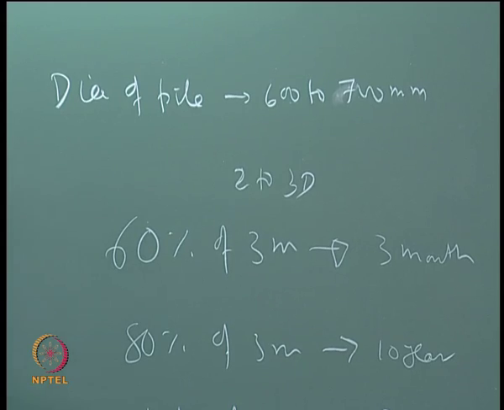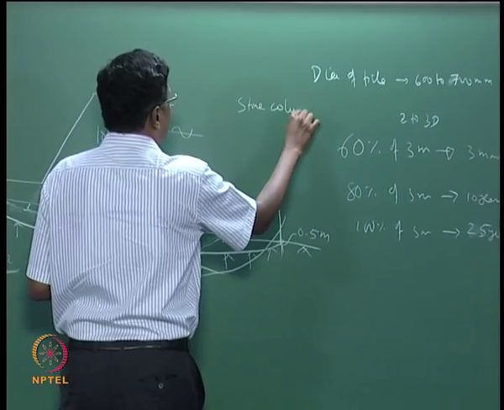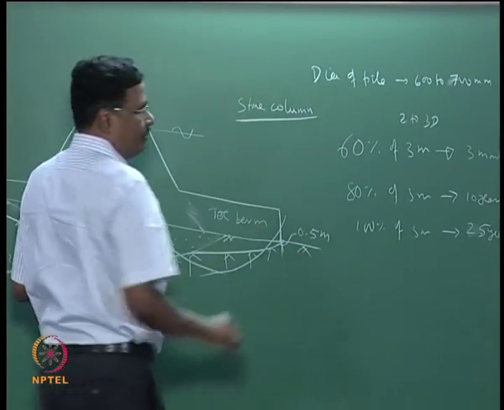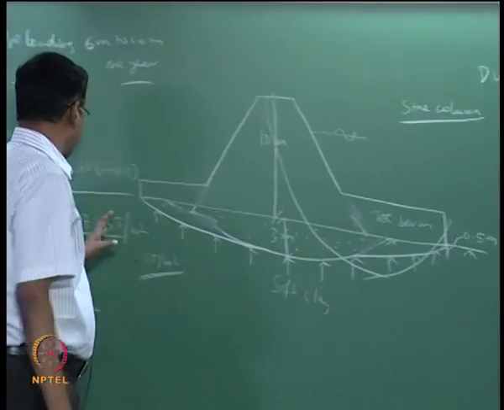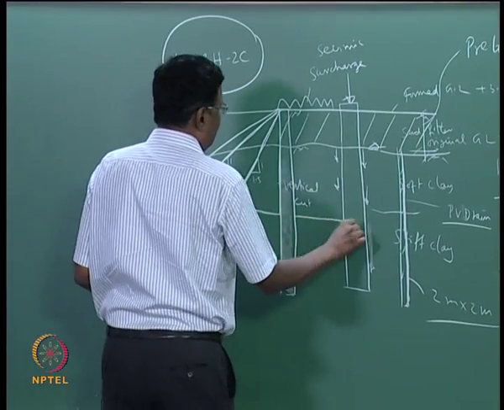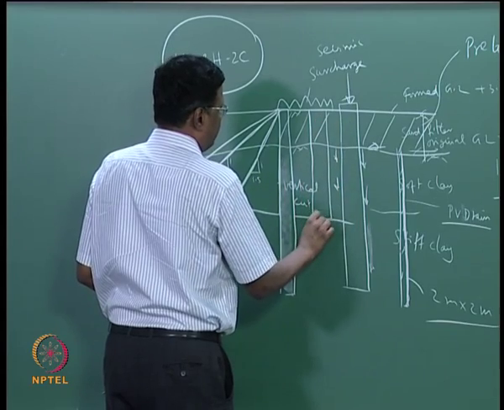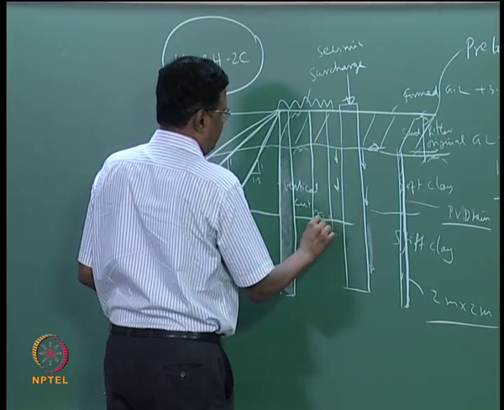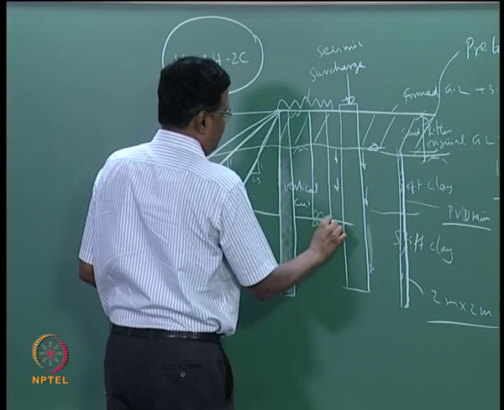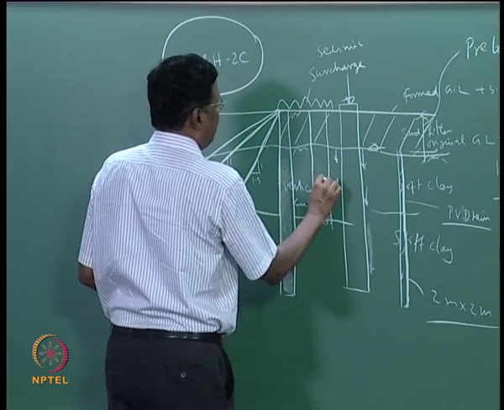We can also use what is known as stone column. In stone column what you do is, suppose there is a soft clay deposit here, you drive one steel casing pipe and you fill it with stones, it goes slightly below the soft clay deposit, fill it with stone and remove the casing.